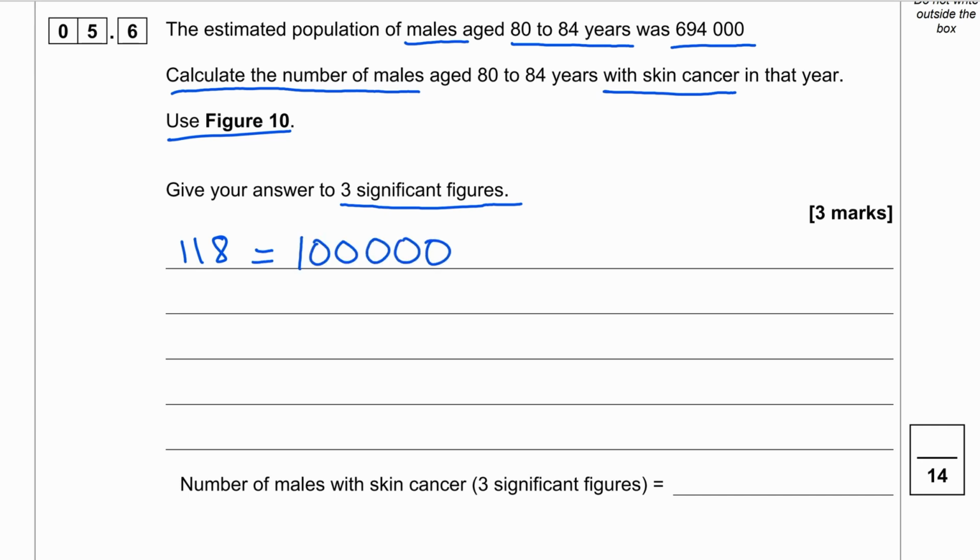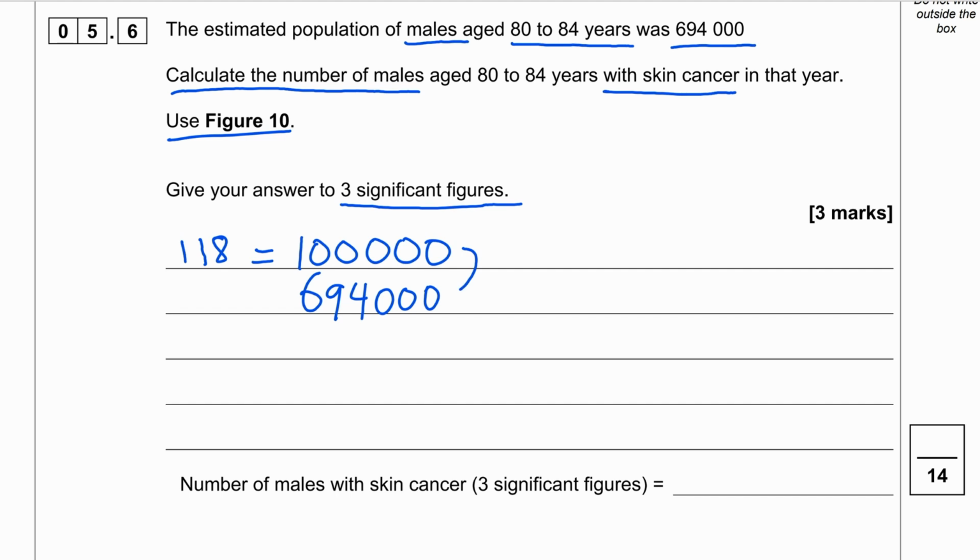However, we know that the population actually was 694,000. So what we've essentially got to do is think about what's that factor from 100,000 to 694,000.